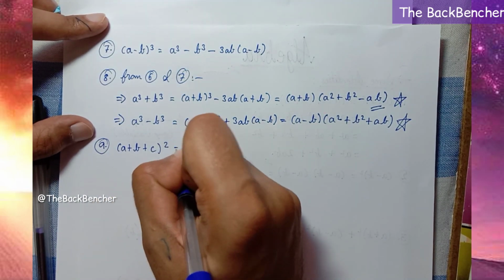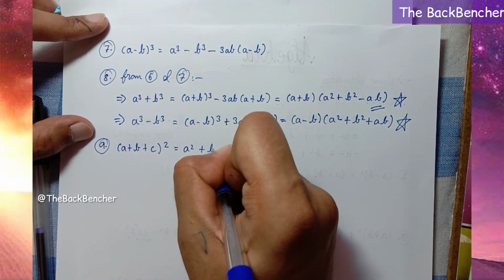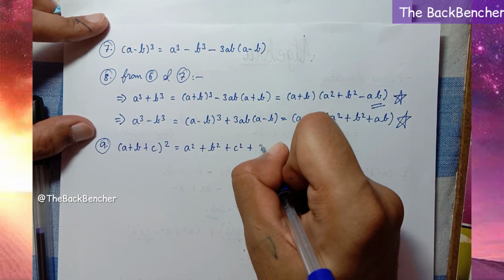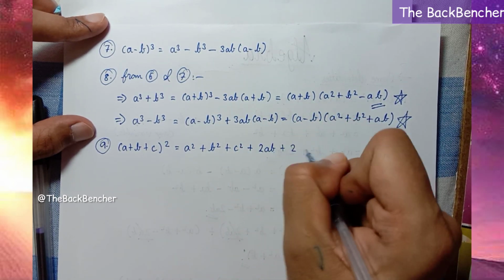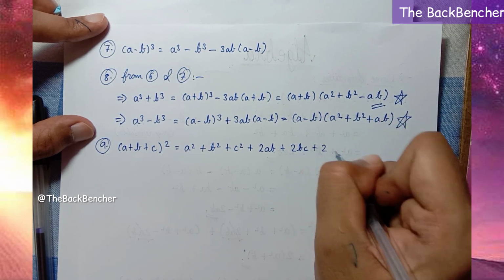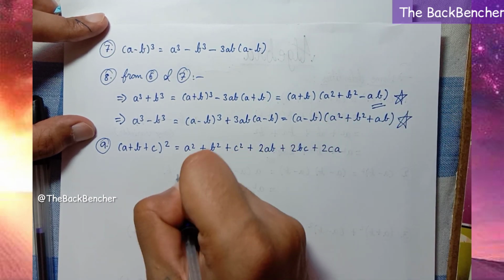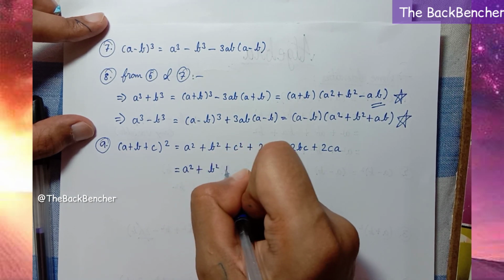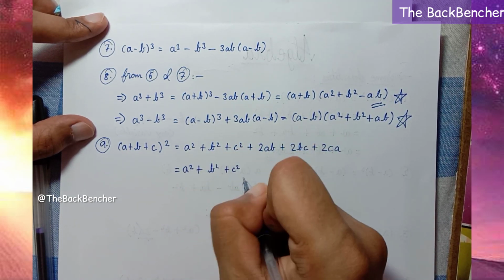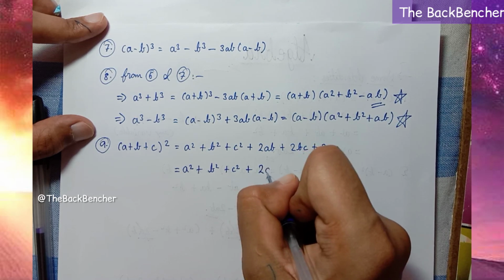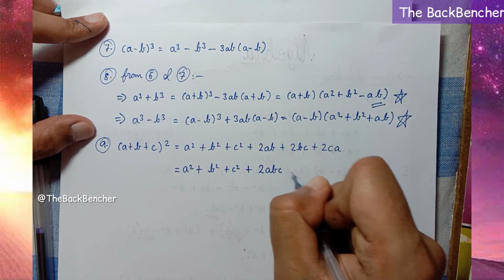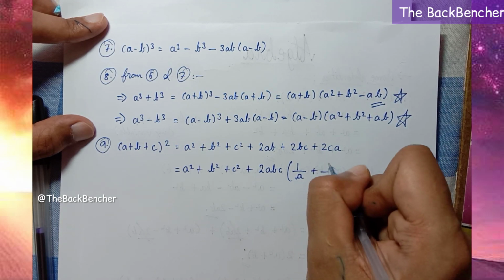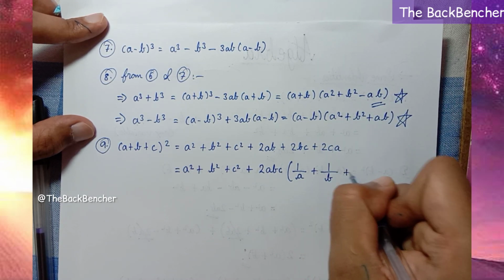First of all, we deal with the square of these variables. That is (a+b+c) whole square equals a square plus b square plus c square plus 2ab plus 2bc plus 2ca. Okay, after taking 2 common, a square plus b square plus c square plus 2abc common, (1/a + 1/b + 1/c).